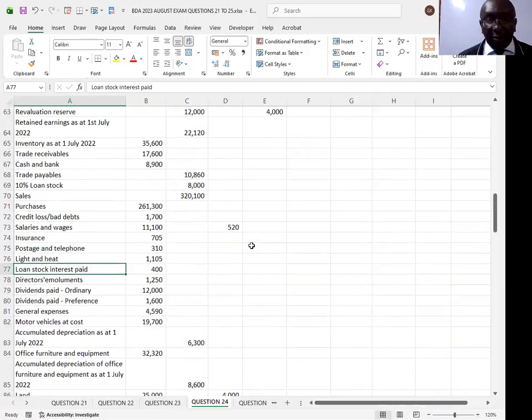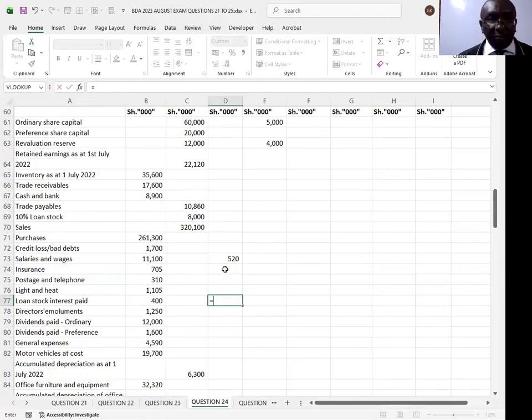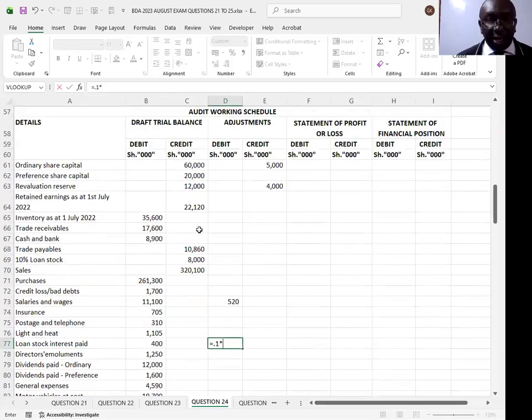And for us to recognize it at full, we will debit, because this is an expense. So I will come here and say equals, and I can show the examiner I know how to compute it. So I will say 0.1 times I take this loan stock. Tumeiona wapi? This one.